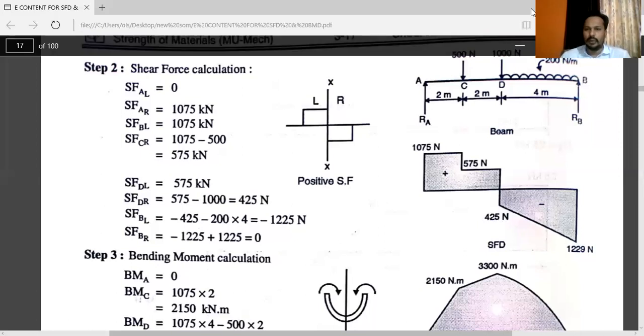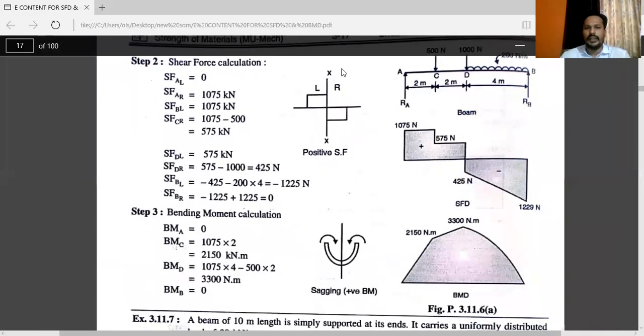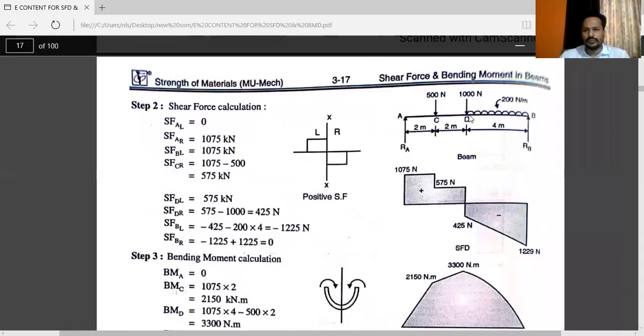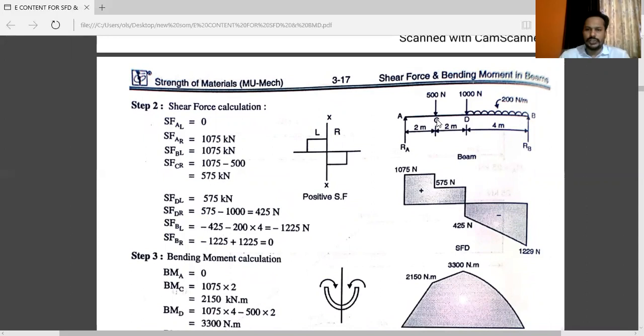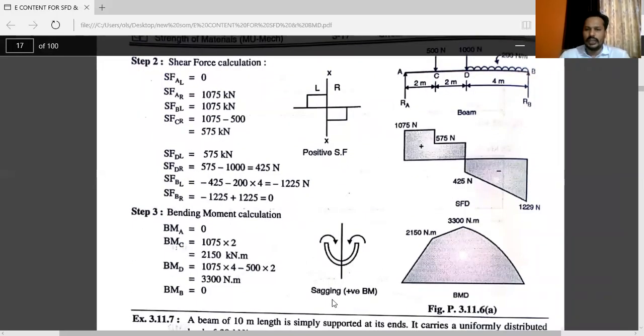Now the next and very important calculation, bending moment calculation. The bending moment diagram is also very important. As I already explained in the theory part, bending moment at the ends, at point A and at point B, will be 0. Now the next point, that is C. Here you have to use the sagging and hogging concept. Sagging is positive bending moment.